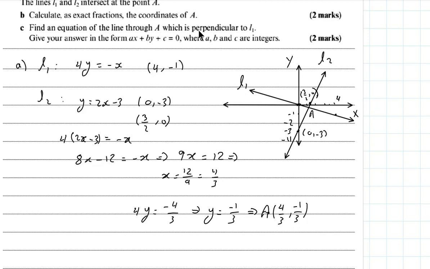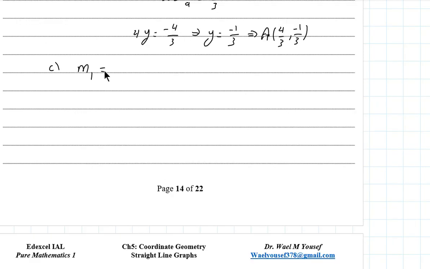C. Find an equation of the line through A which is perpendicular to L1 in the form ax plus by plus c equals 0. The gradient of L1 is minus 1 over 4, right? And so the gradient of the required line now, which is the perpendicular, should be positive 4. And so y minus y1, which is negative 1 over 3, plus 1 over 3, over x minus x1, which is 4 over 3, is equal to what?